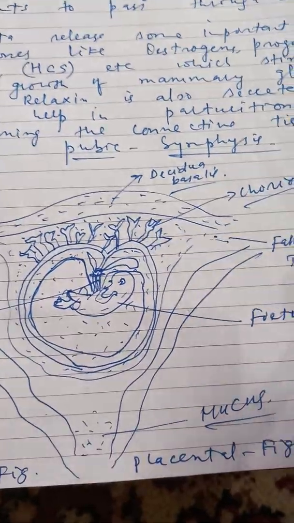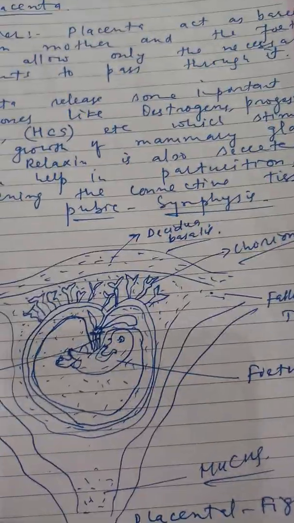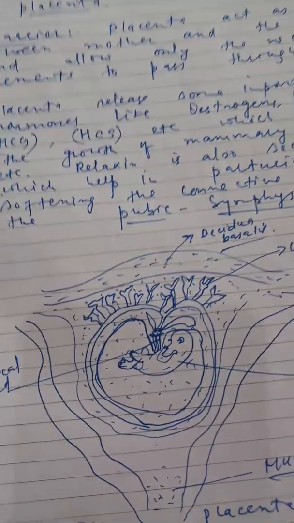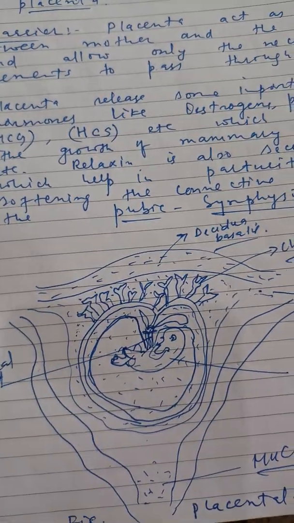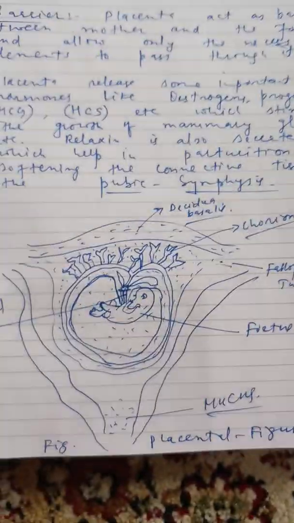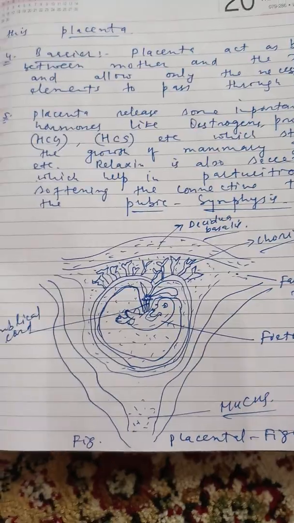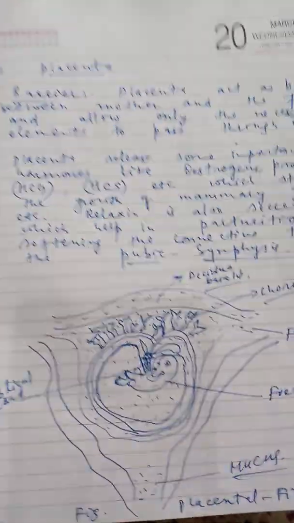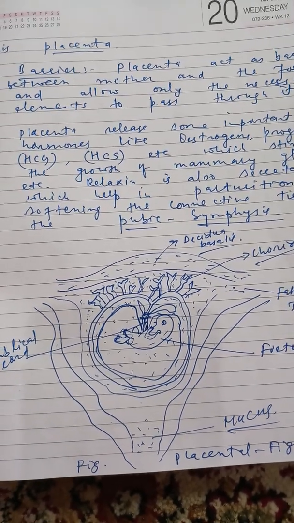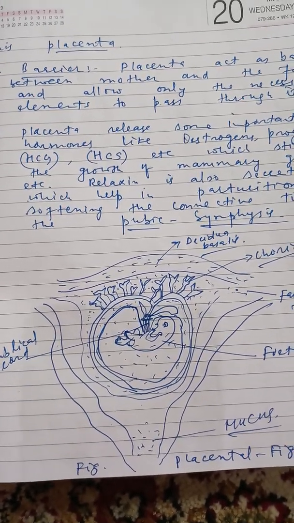And chorion, as I have already told you yesterday in gastrulation, is formed between the trophoblast and extraembryonic mesoderm. Similarly, we have talked about amnion there. Amnion is the cavity surrounded by amniotic fluid, and it provides protection to the developing fruits.